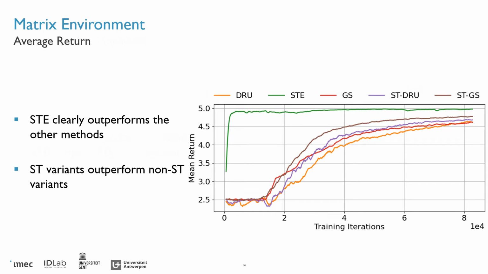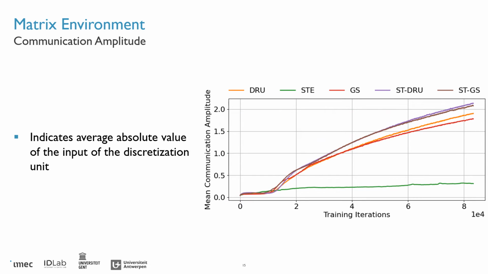To explain the fast training time of the straight-through estimator, we take a look at the communication amplitude. This indicates the average absolute value at the input of the discretization unit. When we take a look at the graph on the right, which shows the communication amplitude as a function of the training iterations, we see a clear difference between the straight-through estimator and the other methods.